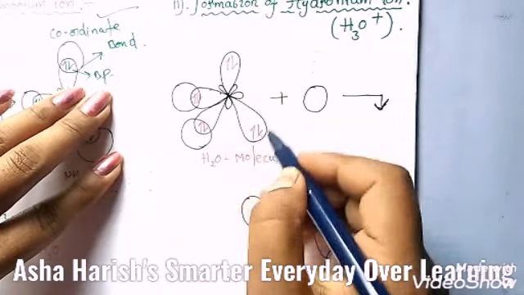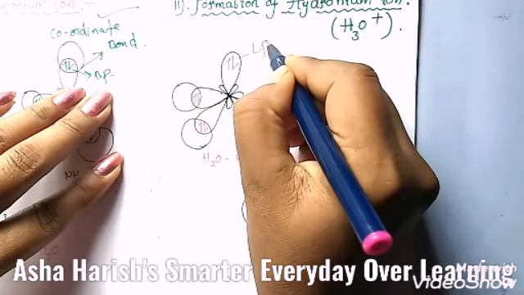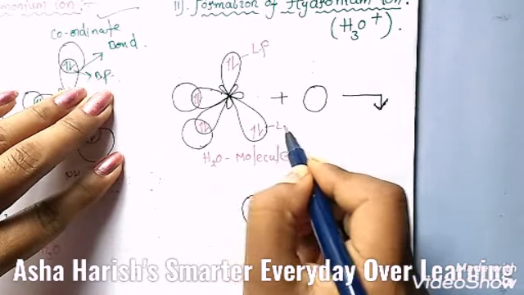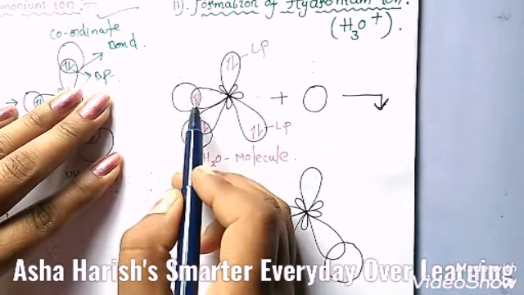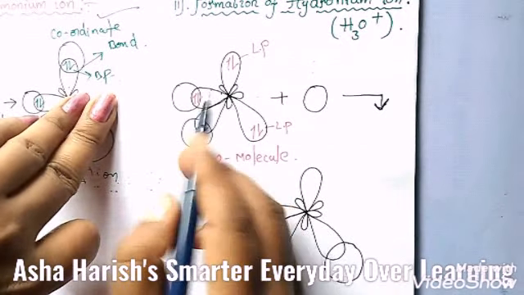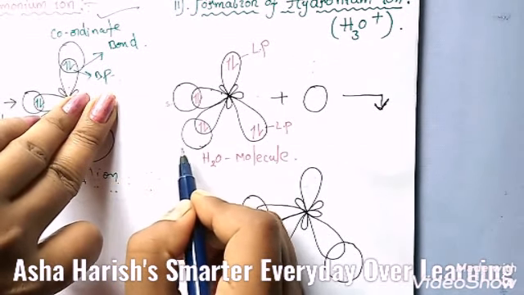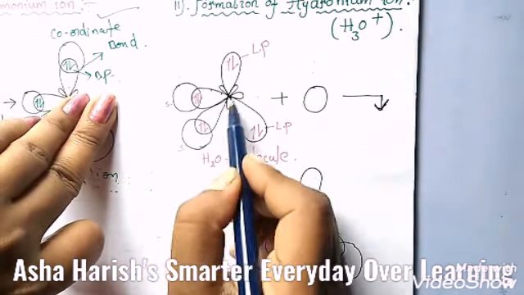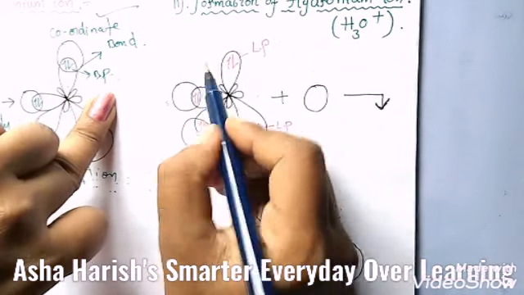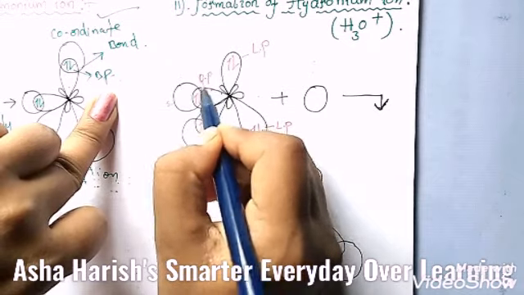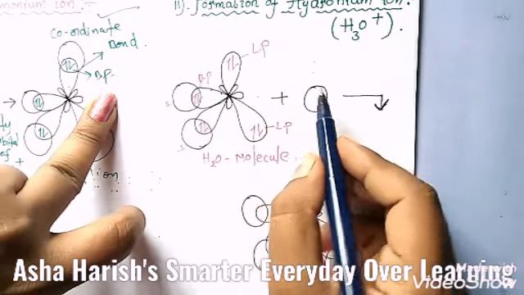These two are lone pairs of electrons, LP, and these two are already overlapped with the s orbital. This is an s orbital, this is also an s orbital, this is a p orbital, already overlapped here. These two are bond pairs of electrons, and this is also a bond pair of electrons.